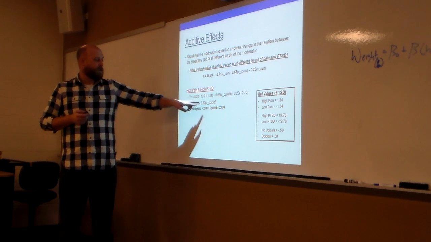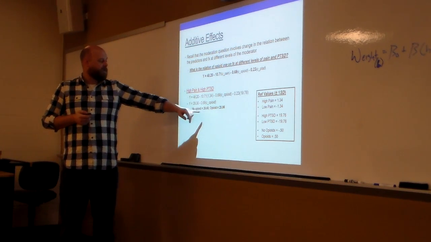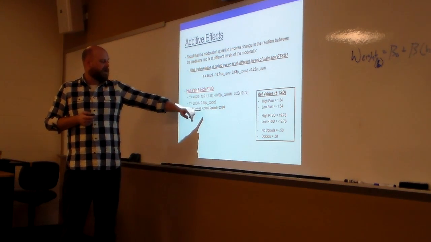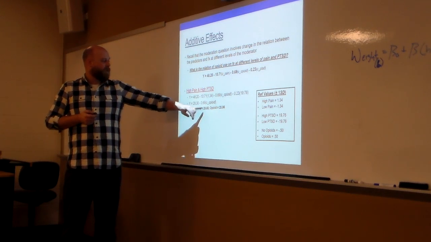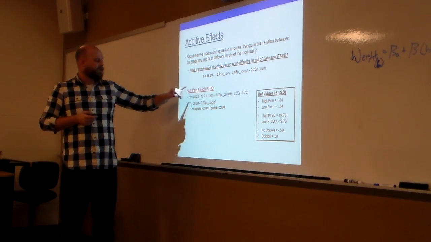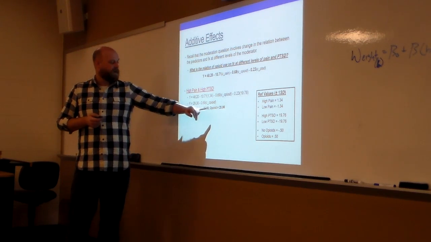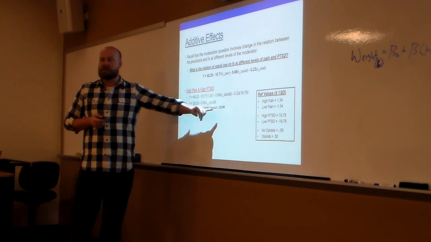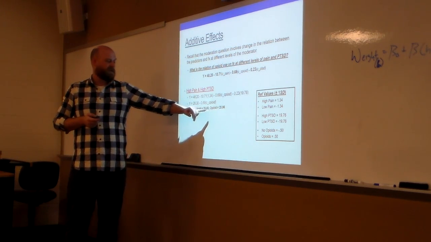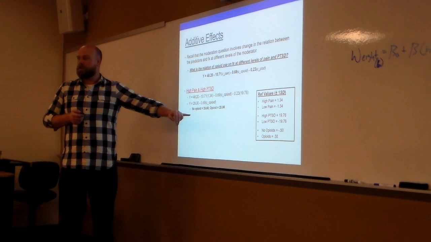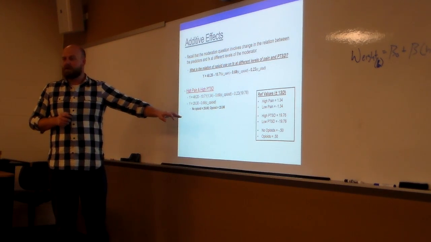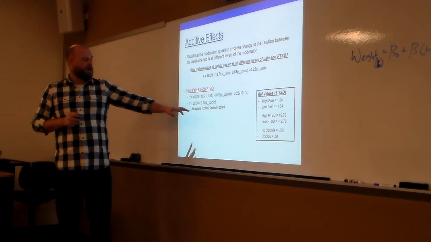Then if I put in opiate use and no opiate use, my expected value of role functioning for people with no opiates at high levels of pain and PTSD is 29.6, and for people on opiates with high pain and PTSD it is 28.96. People see what I did there?